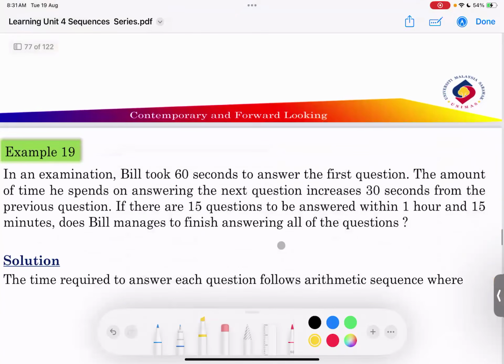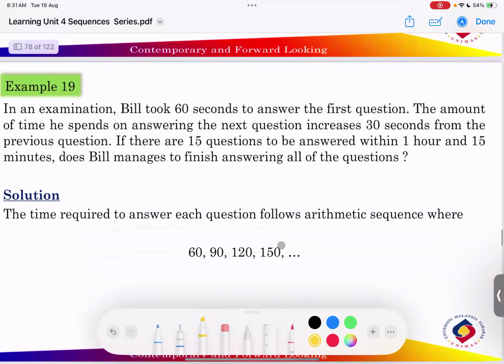Moving forward to example number 9. In an examination, Bill took 60 seconds to answer the first question. The amount of time he spent answering the next questions increases by 30 seconds from the previous question. If there are 50 questions to be answered within 1 hour 15 minutes, does Bill manage to finish answering all the questions?